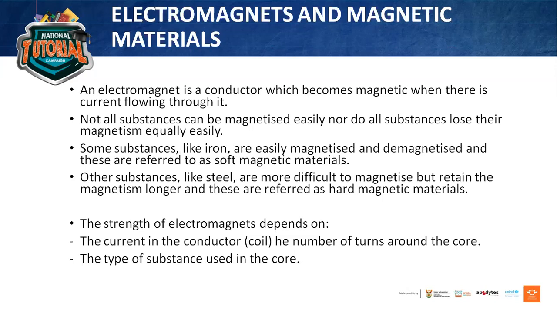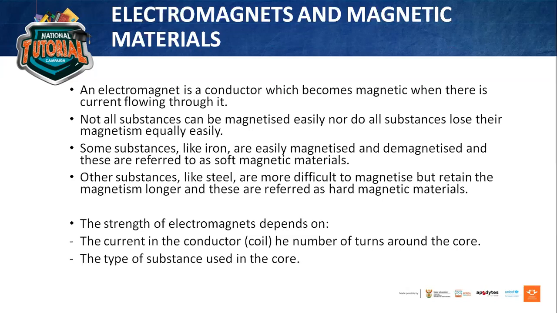So what does the strength of an electromagnet depend on? Number one, the current in the conductor, and the number of coils around the core. Remember, according to what kind of material it is, the current in the conductor also determines the strength of your electromagnet, and so does the number of turns around the core.